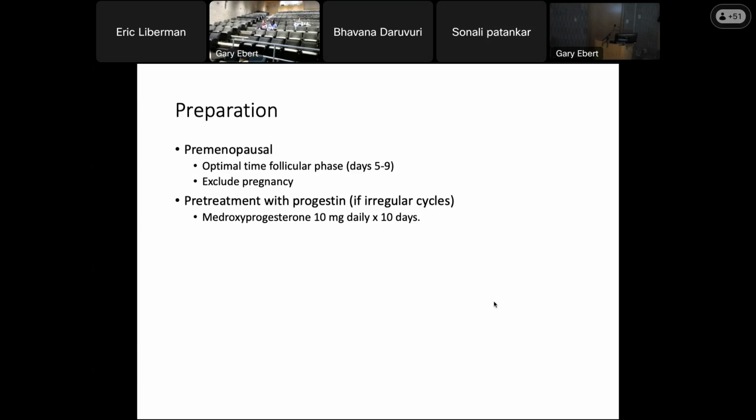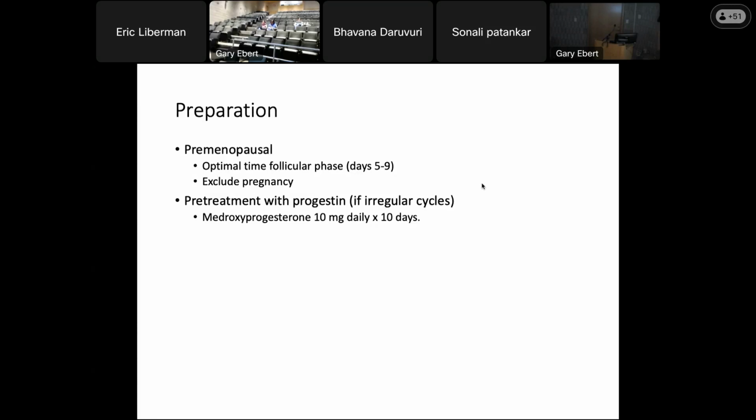In terms of getting ready to do a hysteroscopy, there are different times and different ways to prepare for it because you want optimal visualization. The optimal time to do the hysteroscopy would be in the follicular phase of the cycle, usually days 5 to 9. Obviously, you want to exclude pregnancy prior to doing a hysteroscopy.